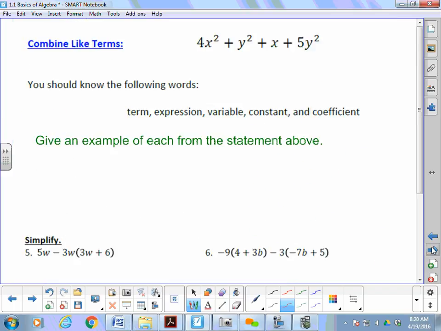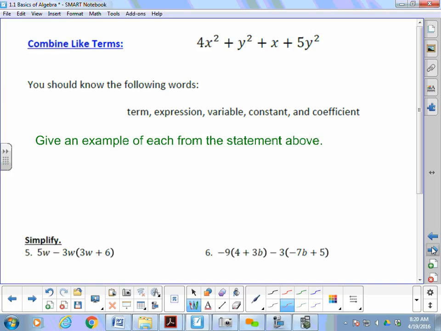Okay. All right, combining like terms. Here you have the statement 4x squared plus y squared plus x plus 5y squared. To be able to do these, you should know the following words: term, what an expression is, variable, constant, and coefficient.